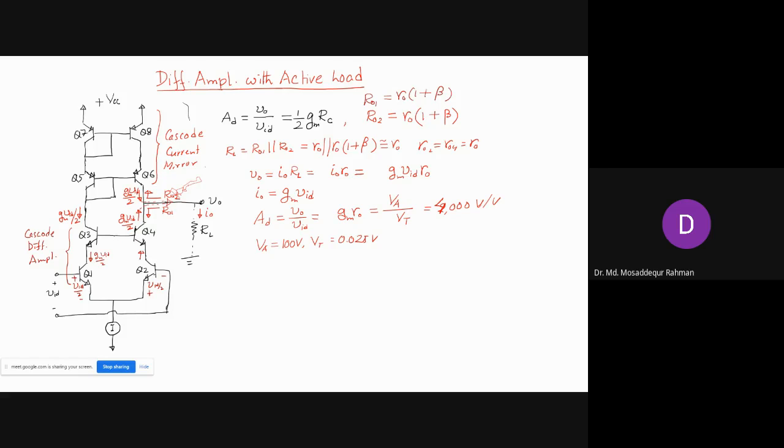One thing I have missed: you need to apply some bias voltage here, at the base.